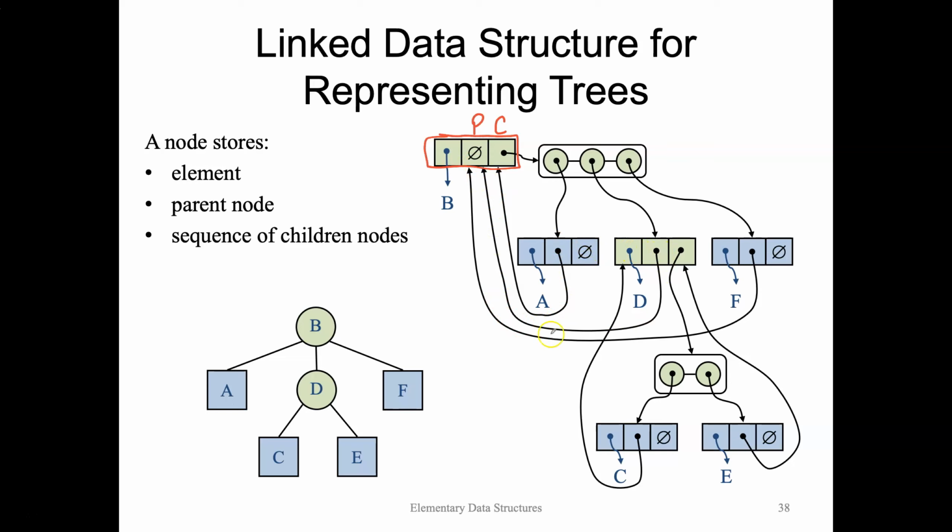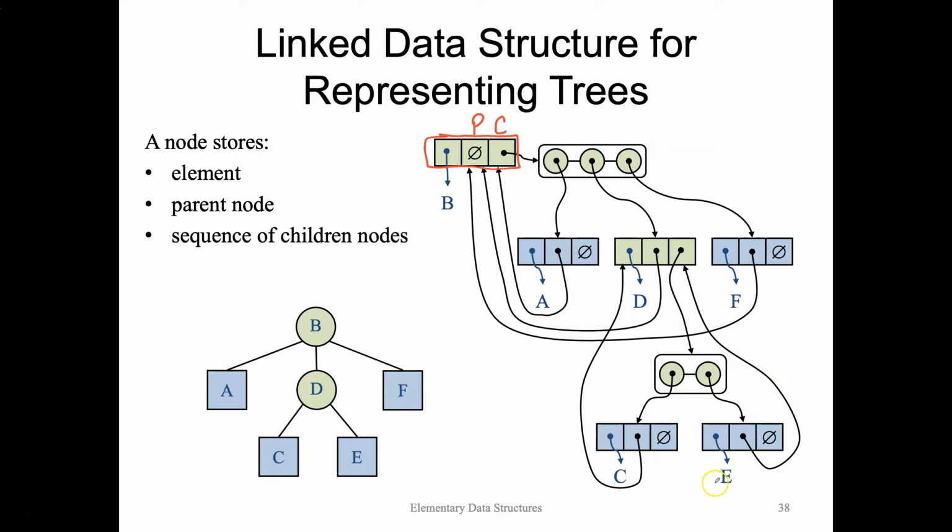D's parent again goes back to B, and it has 3 children, so its last pointer goes to a sequence of its children nodes. Here we have C, whose parent points back to D and which has no children, and also E points back to D, and it has no children.